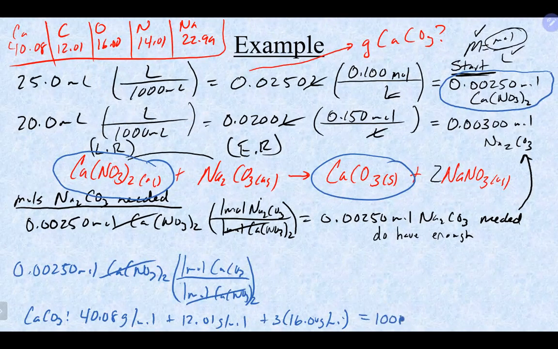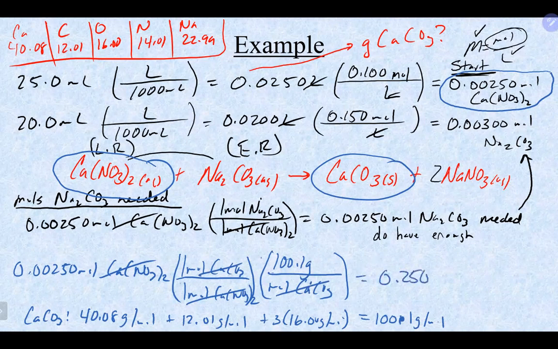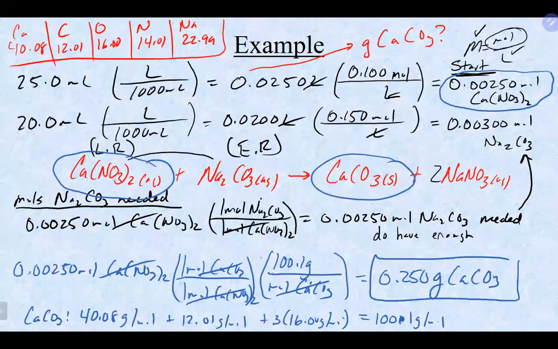We'll continue on with our calculation: 100.1 grams per mole of calcium carbonate. The moles will cancel, and we end up with about 0.250 grams of calcium carbonate that would be produced in this case, and that would be your theoretical yield.